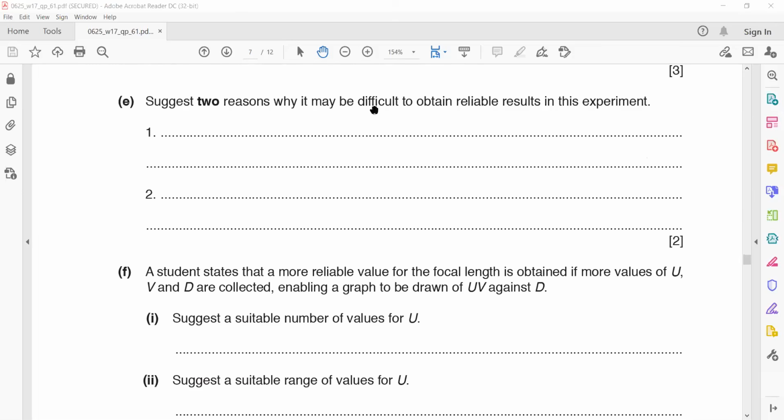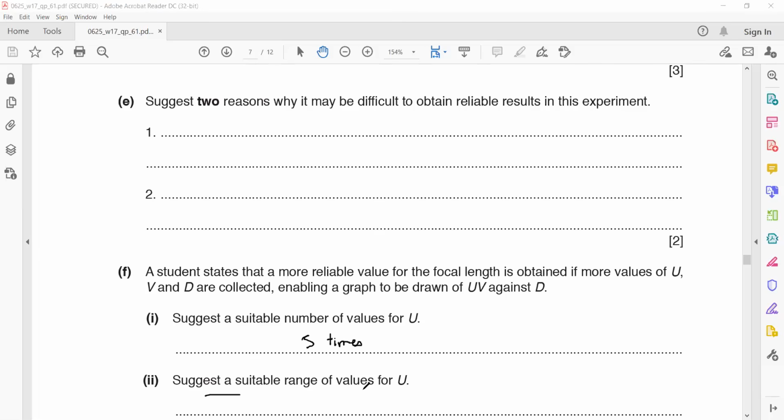Whenever you are doing the experiment, 5 times is fine, 20 times is too much. So 5 times, 6 times, 7 times will be sufficient. So we can measure the value of U 5 times.